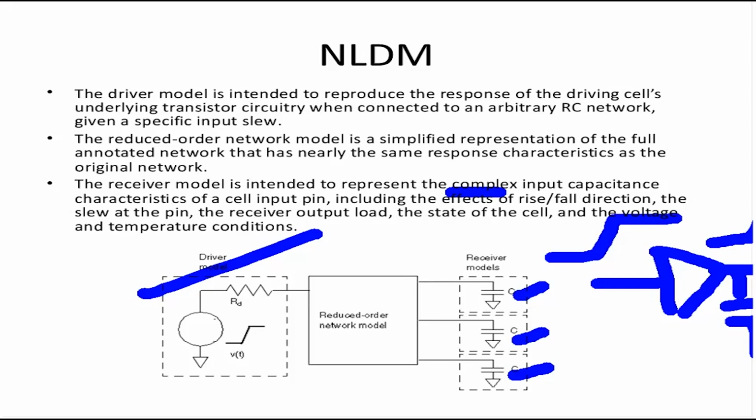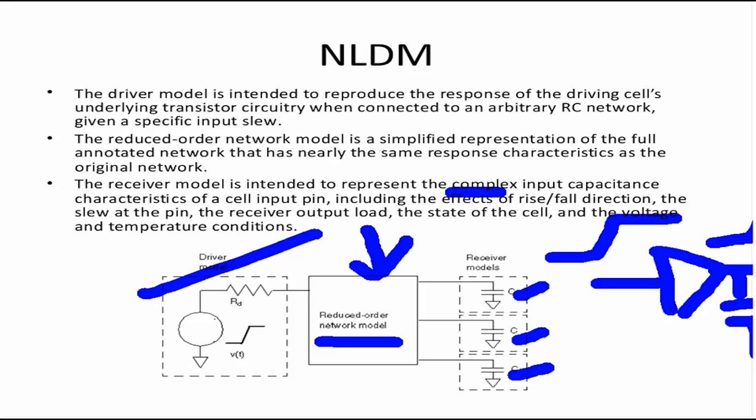The reduced order network model, this one, is a simplified representation of the full parasitic network here. This is where PrimeTime will employ some algorithms to calculate the delay through this RC network.